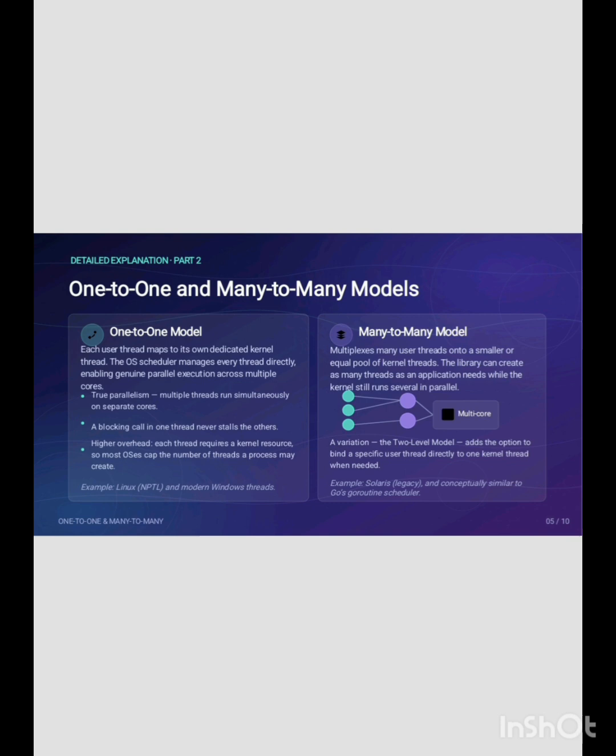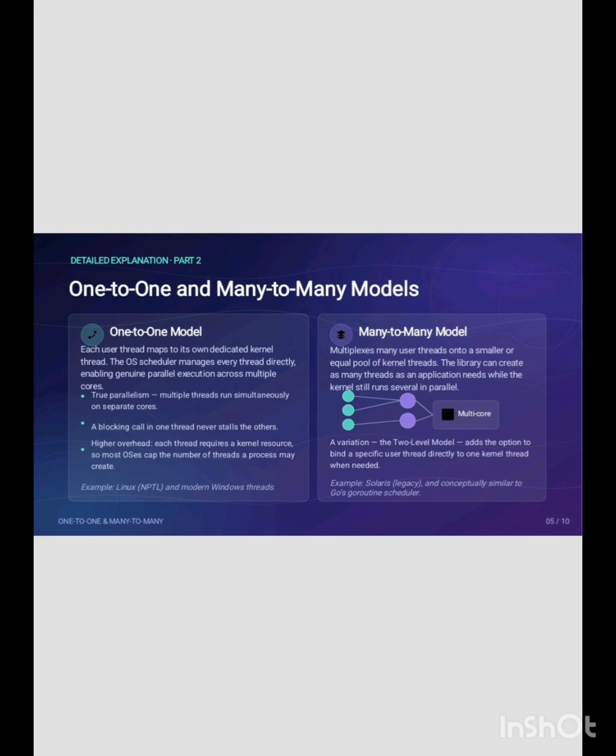Detailed explanation, part two: the one-to-one and many-to-many models. Firstly, the one-to-one model. Each user thread maps to its own dedicated kernel thread. The OS scheduler manages every thread directly, enabling genuine parallel execution across multiple cores.